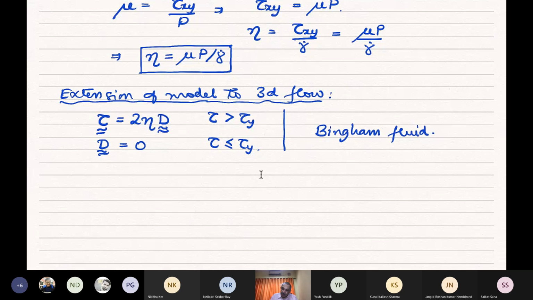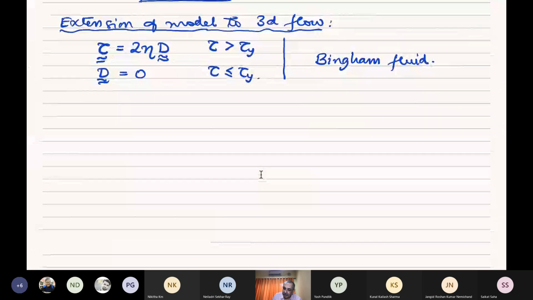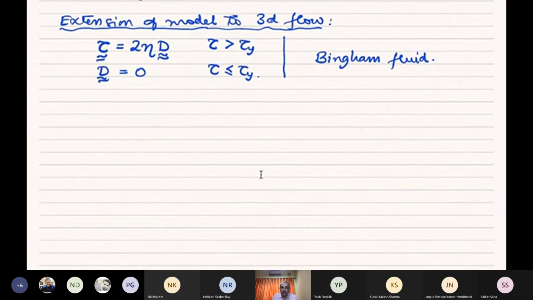But now we want to include the mu I model, that is what we have just defined, into this Bingham fluid, because we know in a solid that sometimes you will get regions where there is no flow, that is when D is equal to 0. Remember D, we have defined it many times before, this is the rate of deformation tensor.